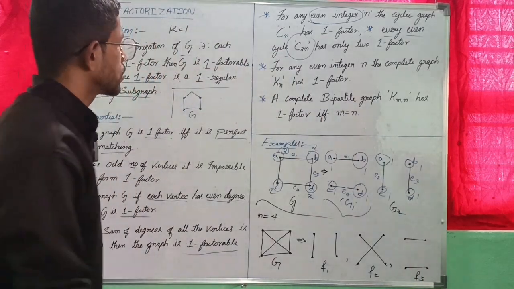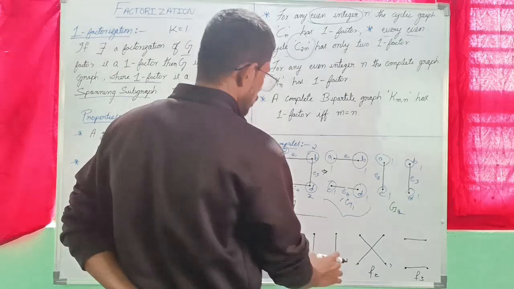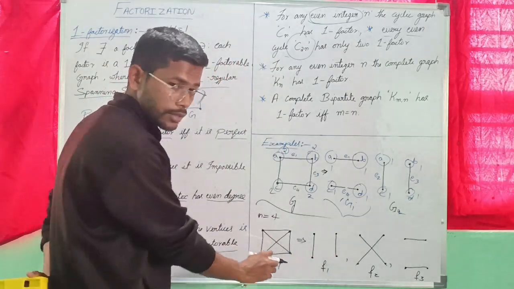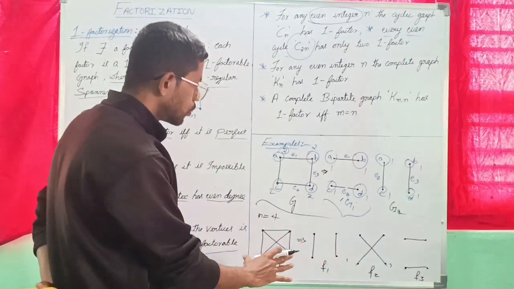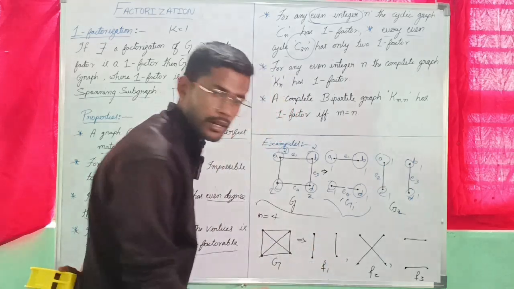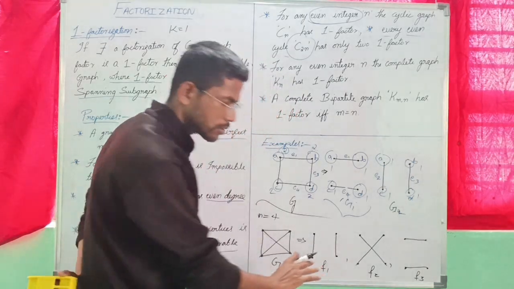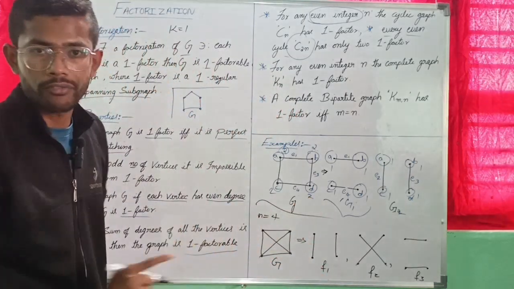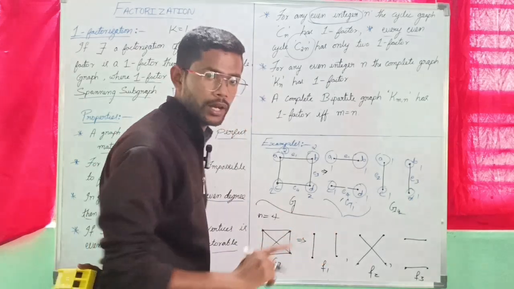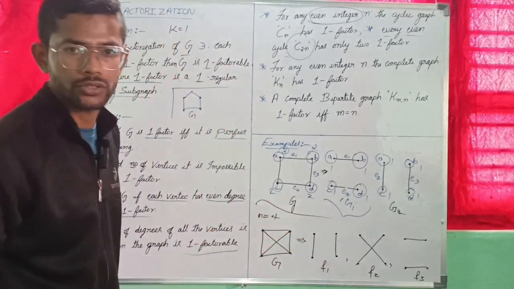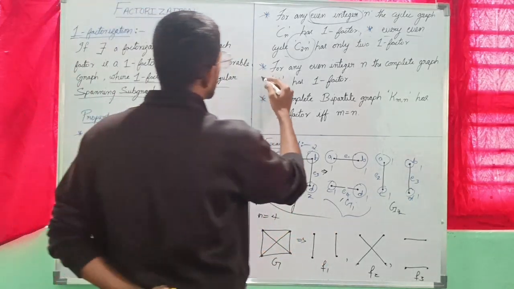So when we decompose this graph G, we get multiple factors, right? Each factor F1, F2, F3 is a one factor, which consists of degree 1 for each vertex, so it is one factorization. Okay, so it is done.